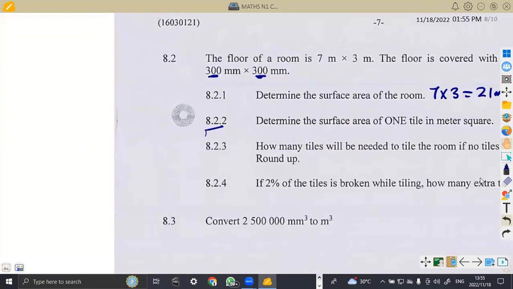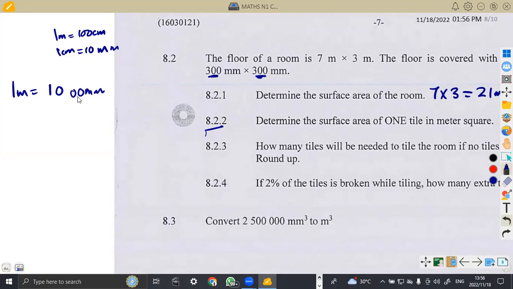So let's convert millimeters. We know that in a meter we have 100 centimeters. In a centimeter we've got 10 millimeters. So 10 by 100, that is 1,000.